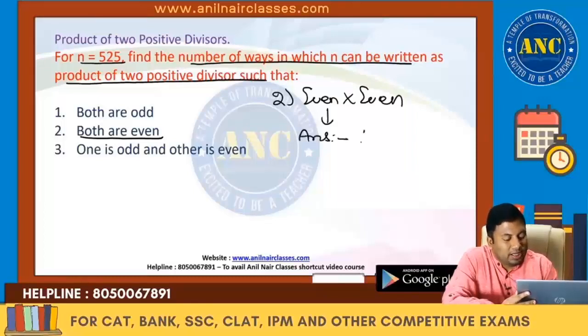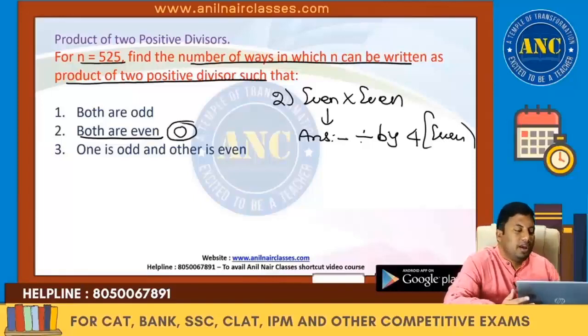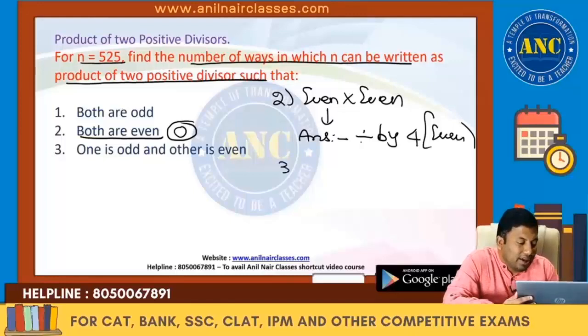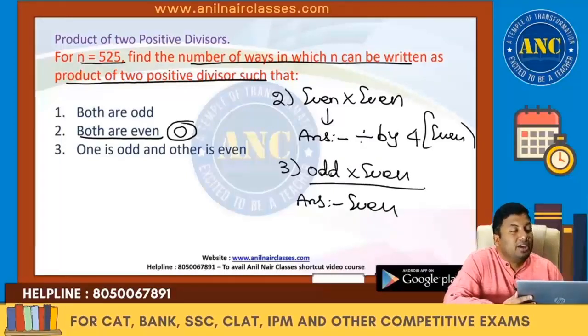In this case particularly it is divisible by 4 and it is an even number, but 525 is an odd number, so the answer is 0. Third case, it is odd into an even number. Any number multiplied by an even number, the answer will be an even number. But the right hand side value is 525. Again the third case, the answer is 0.